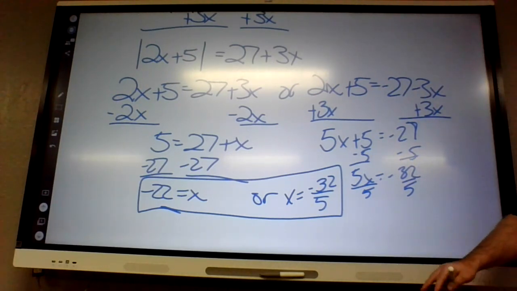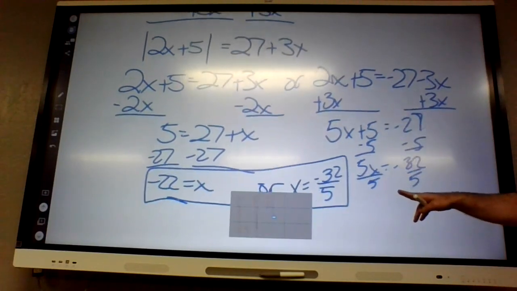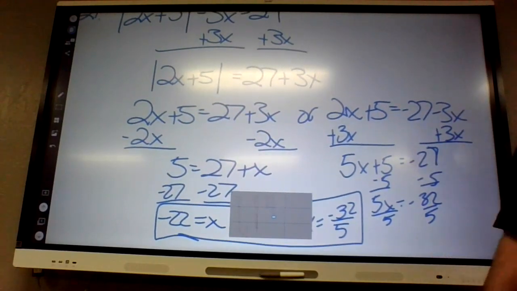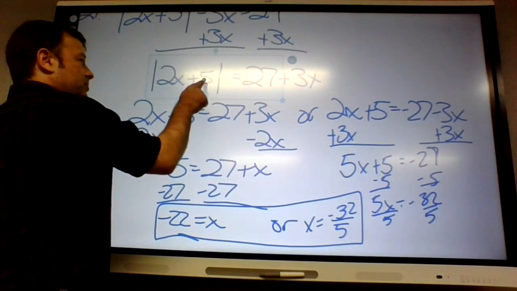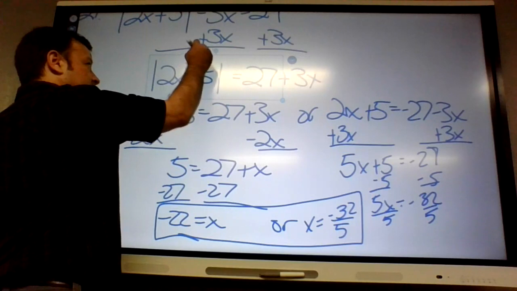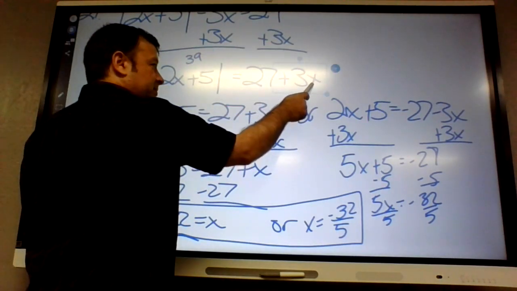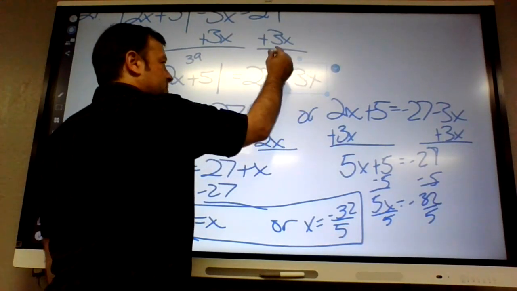Hold on, there's an issue with this one though. You guys get those numbers? Okay, if I plug in negative 22, let's see what happens. I get negative 44 plus 5 is negative 39, but the absolute value turns it to 39. And then on this side, 3 times negative 22 is negative 66. 27 minus 66 is negative 39.